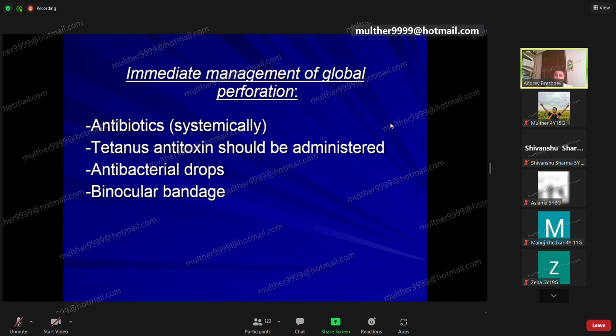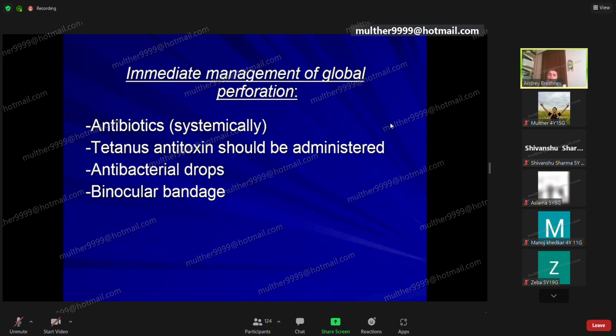You should also be careful with local antibiotics because some of them are indicated only for superficial use, and in the presence of an open wound, if a lot of antibiotic comes through this wound into the inner parts of the eyeball, it may cause a toxic effect, so you should be careful. So the best way is to use it systemically.